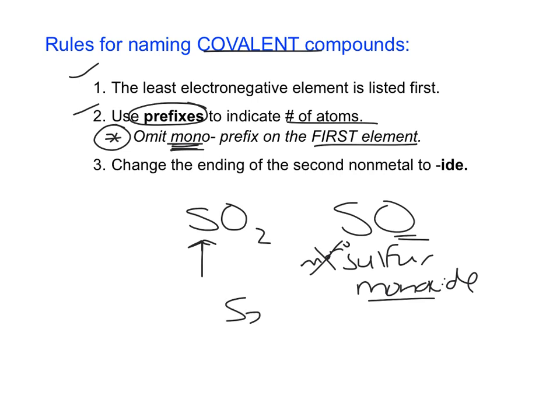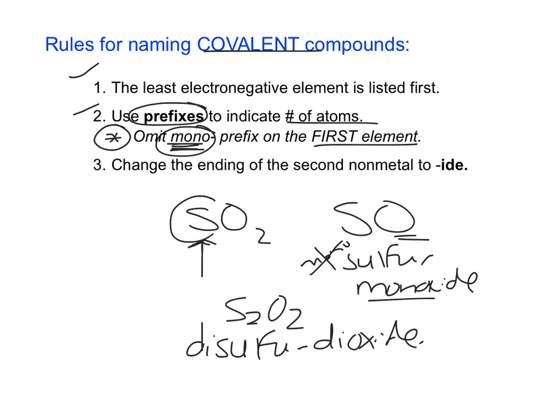Now if this was 2, we would say disulfur dioxide. Sometimes y'all take mono and then you just never put a prefix on the first one. It's only for mono. We only omit it on the first element. And then we'll change the second nonmetal to the ending of IDE. That's why I said sulfur monoxide instead of sulfur monooxygen.